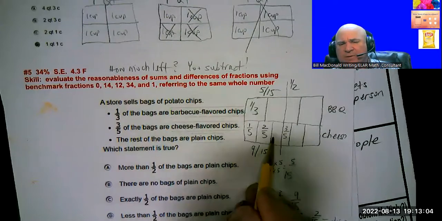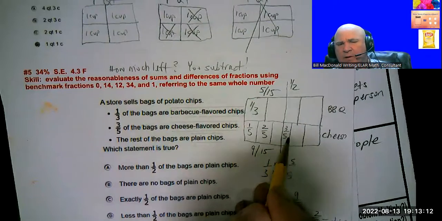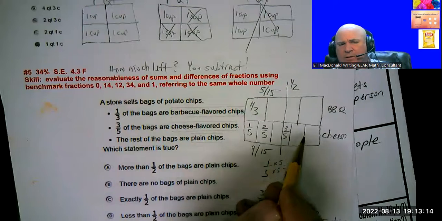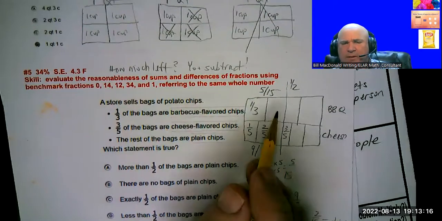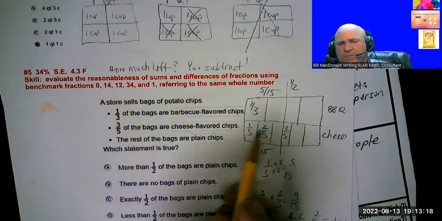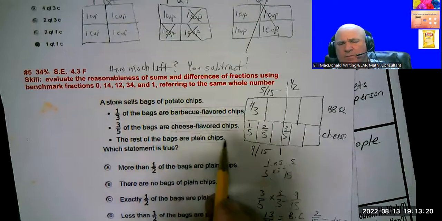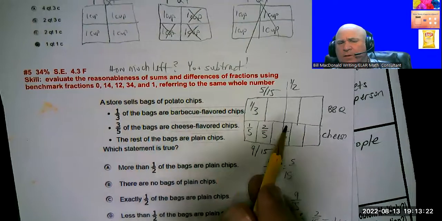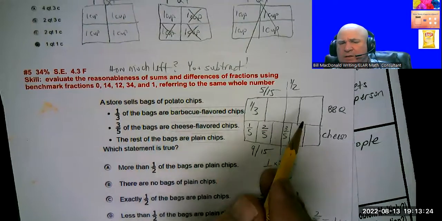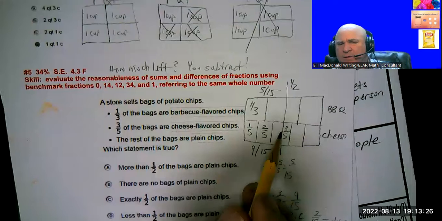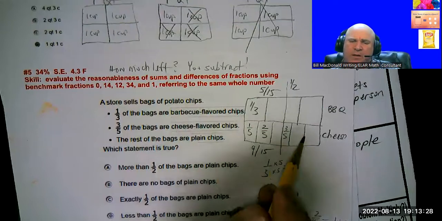if I have this much of it being cheese, then less than half is going to be the barbecue and the plain ones because it says the rest are plain. In other words, whatever this is here minus the 1/3 is going to be that.